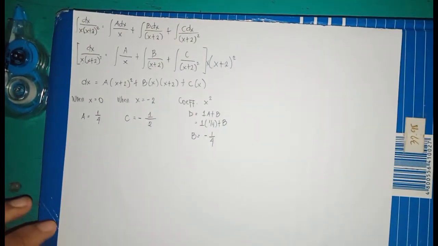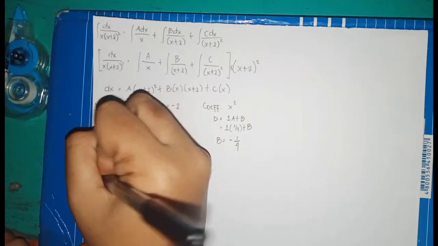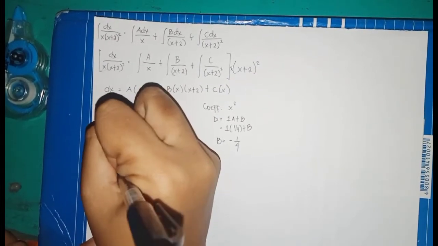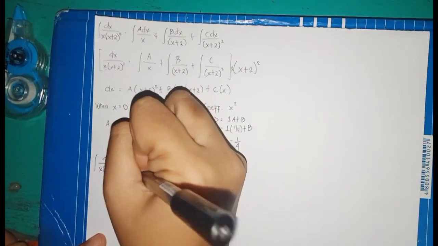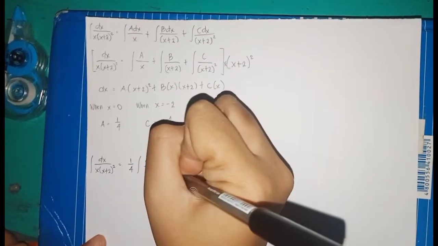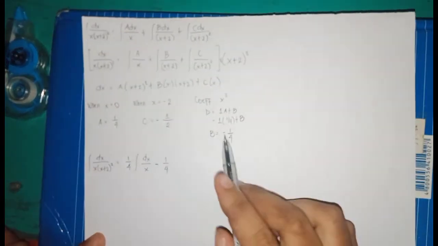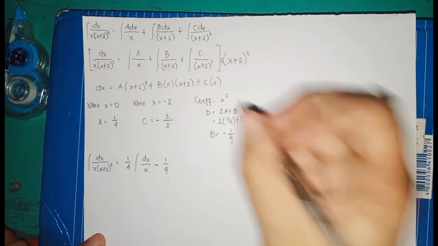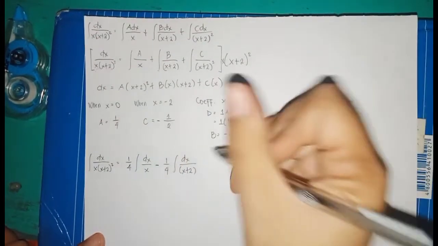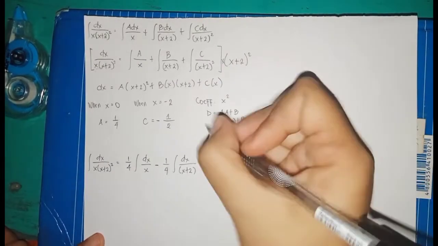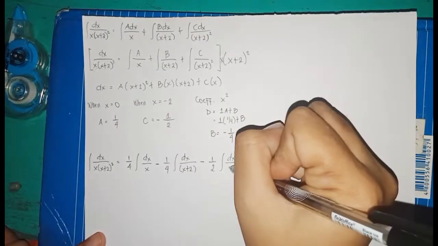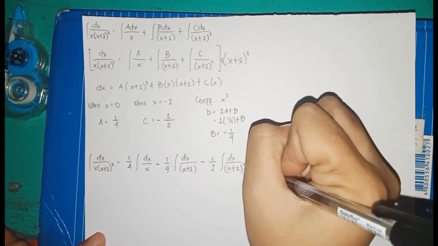Okay, so let's integrate to get the final answer. The integral of dx over x times the quantity x plus 2 squared is equal to A, 1/4, times the integral of dx over x, minus 1/4, the value of B, times the integral of dx over x plus 2, minus, since C is negative 1/2, 1/2 times the integral of dx over x plus 2 squared.